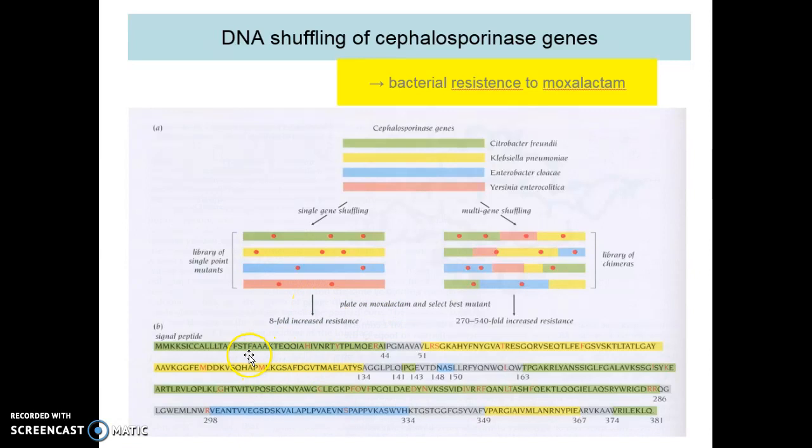You can see in B the amino acid sequence of the most active mutant, colored as in A to show the original regions of the protein, with the point mutations shown in red. The gray regions cannot be unambiguously assigned to one of the original genes, this region.